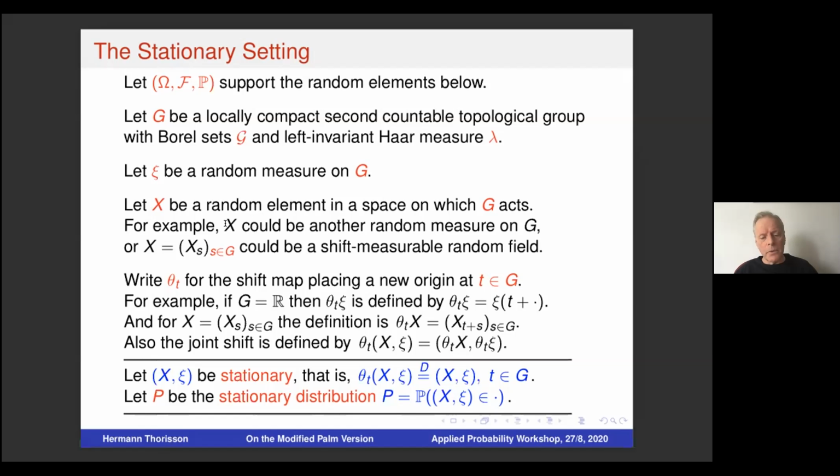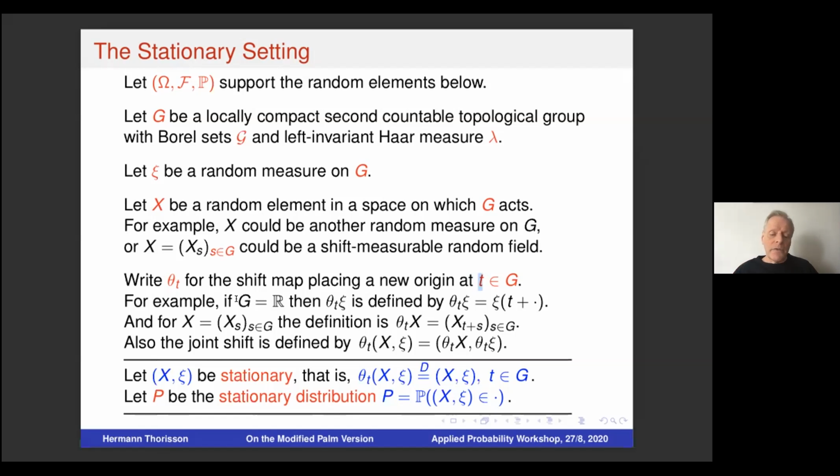For example, X could be another random measure, or it could even be Xi itself, and then it's unnecessary to introduce it. Or it could be a random field indexed by the group. Write theta t for the shift map placing a new origin at t in G.